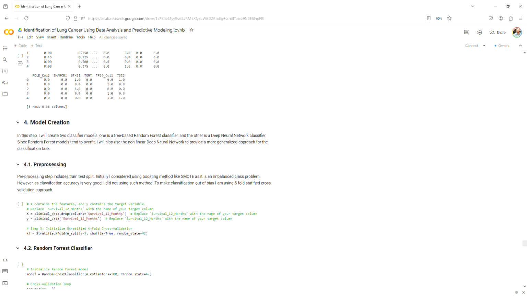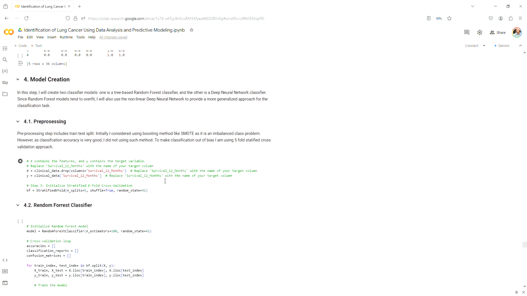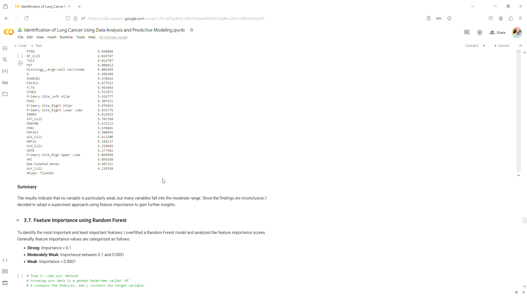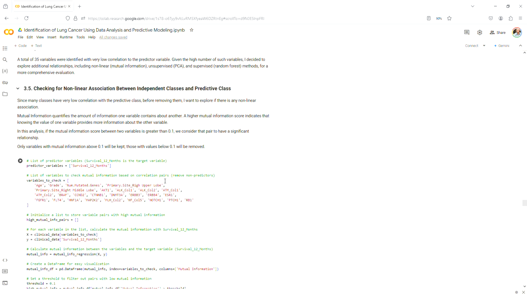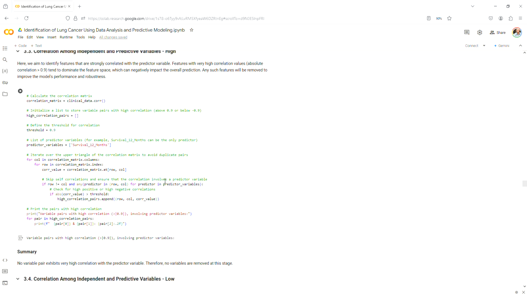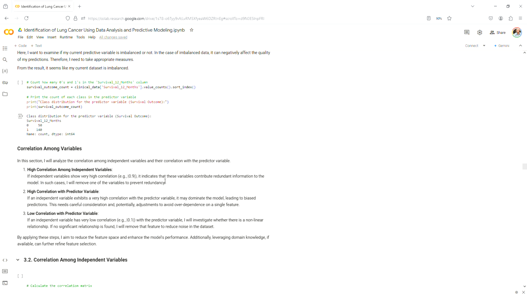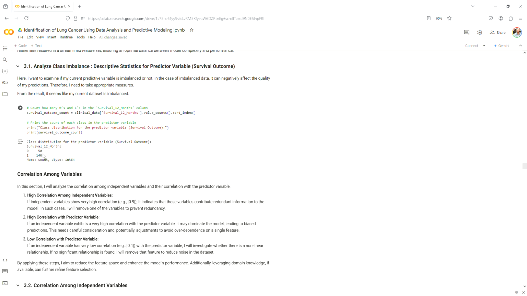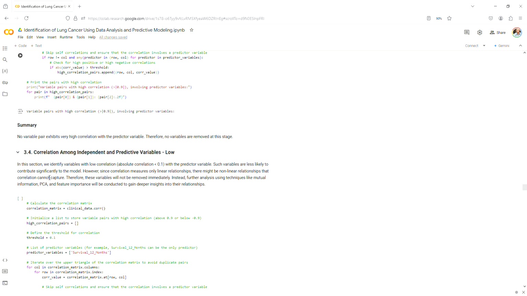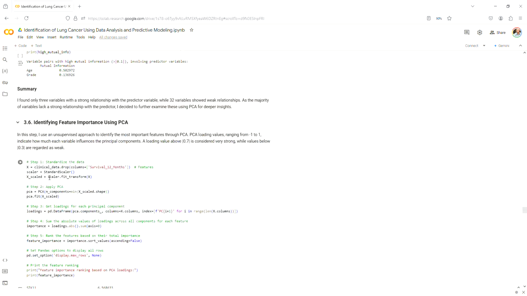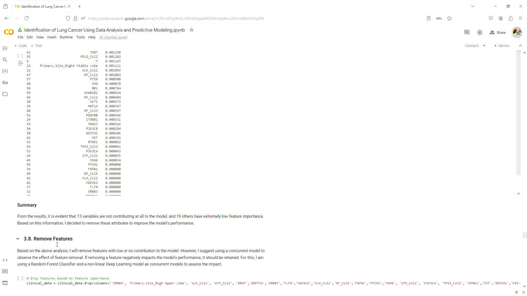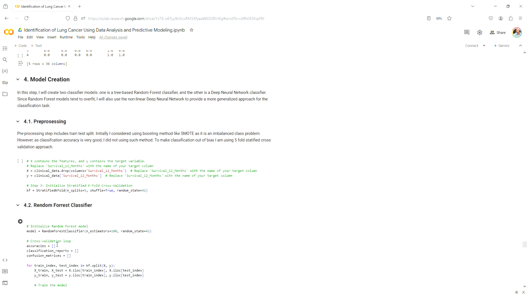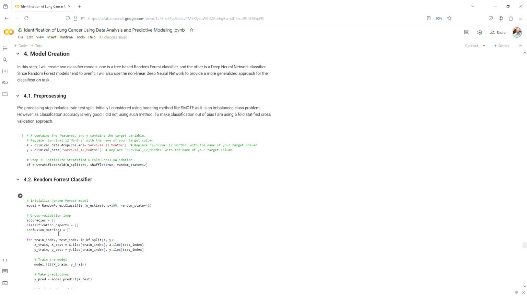Then I went to the model creation. I also looked into whether my dataset is imbalanced, and I found that it is quite imbalanced. There is a 50 versus 140 survival rate, so the samples are 3:1. For this kind of imbalanced dataset, one way is using k-fold cross-validation.